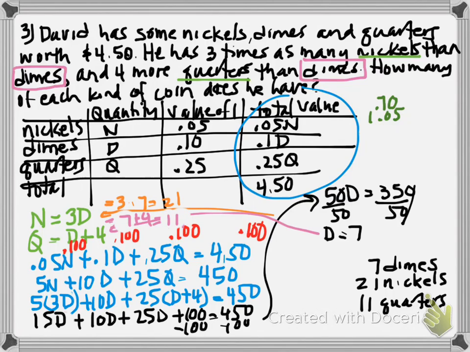So 11 quarters, 4 quarters make $1. So 4 can go into 11 twice. So there's $2, and that's 8 with 3 left over, and 3 quarters is 75 cents. So we add up 15, and that's what we're supposed to be getting as opposed to what I was doing before.